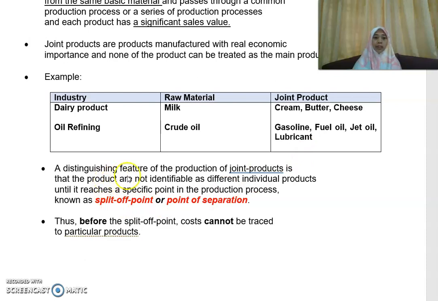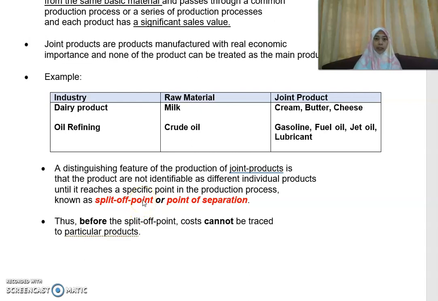Okay, a distinguishing feature of the production of joint product is that the products are not identifiable as different individual products until it reaches a specific point in the production process. That point is known as the split off point, or in some books, the point of separation. Before the split off point, cost cannot be traced to a particular product.